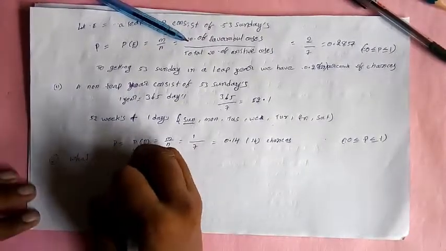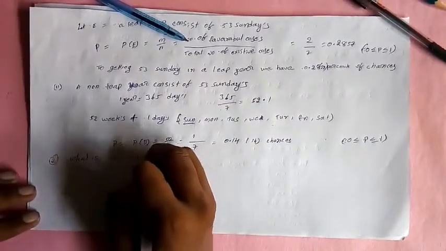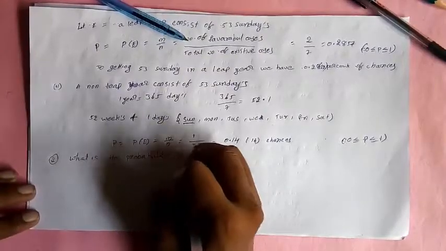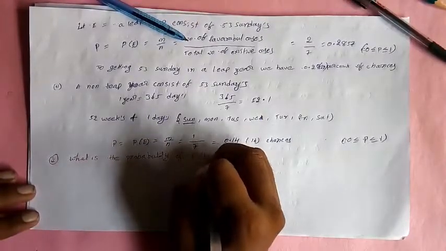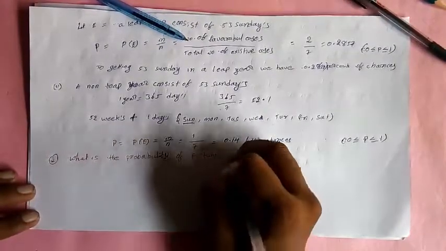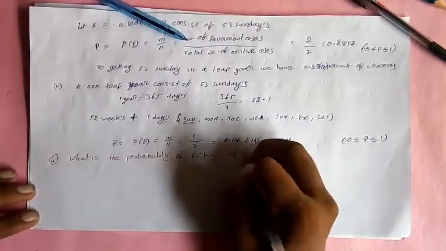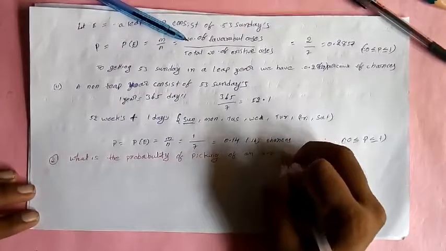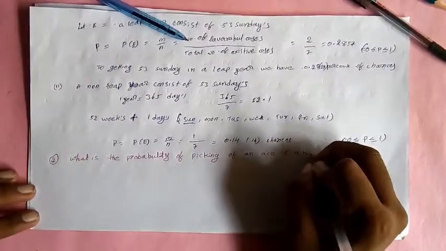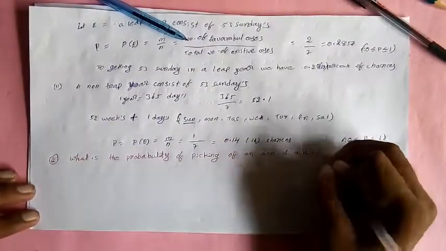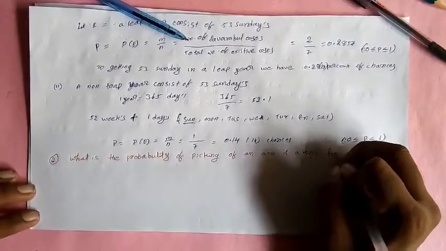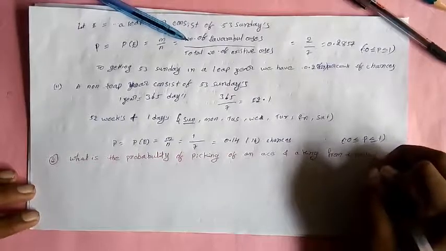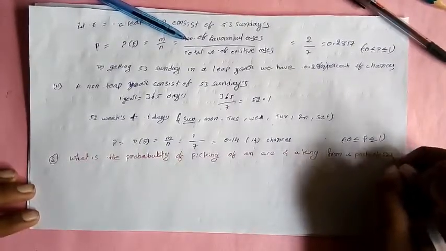What is the second problem? What is the probability of picking an ace and a king from a pack of 52 cards?